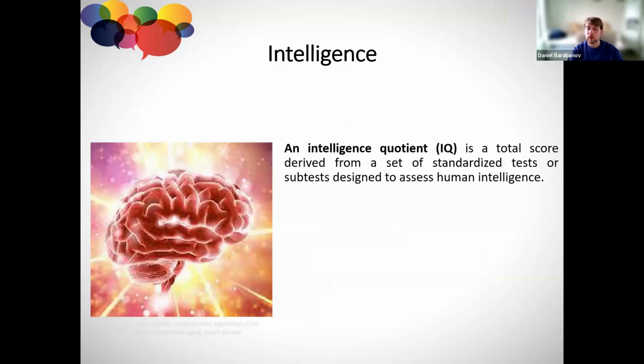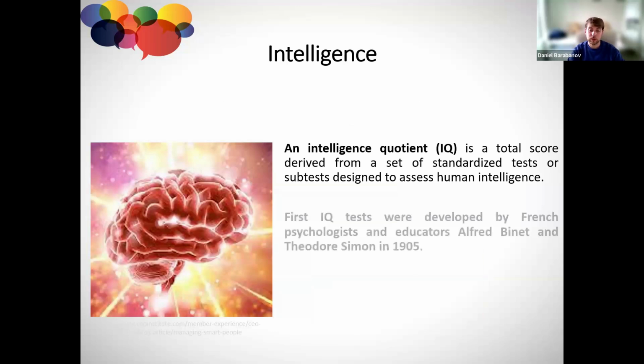Intelligence in general, we usually measure through IQ tests, or intelligence quotient tests. Basically, IQ is a total score derived from standardized tests on intelligence, which we use as a metric to assess people's intelligence.